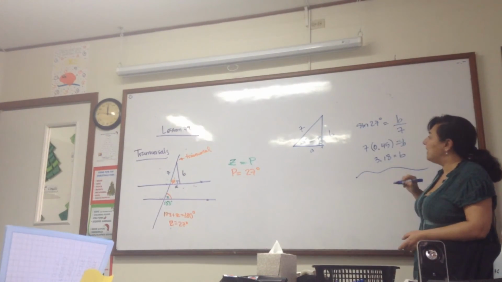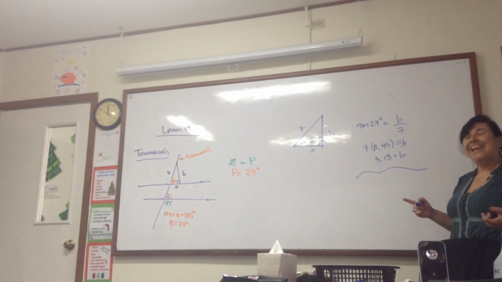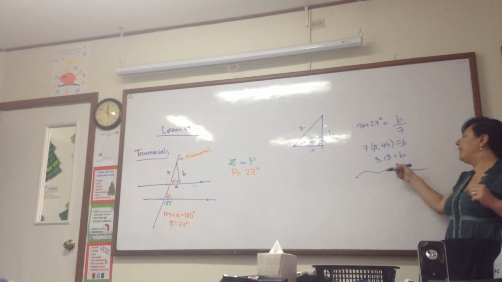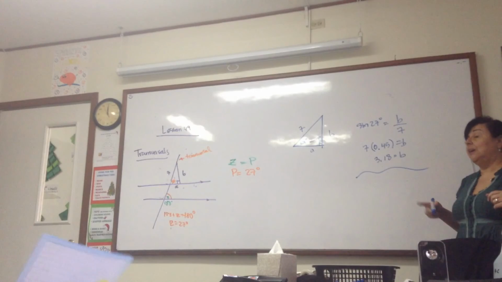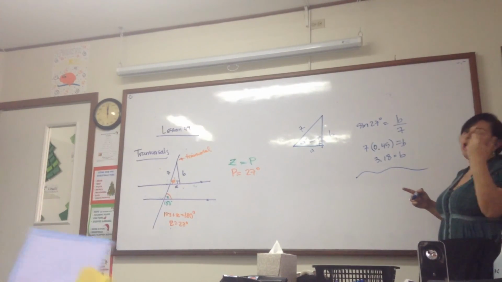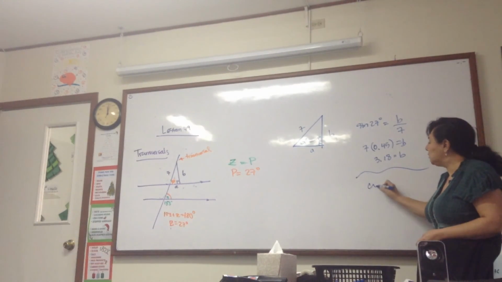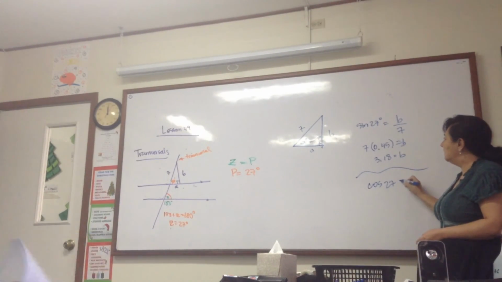Now, what about A? We can do Pythagoras, but what if we get this one wrong? We do the same thing, cosine. So cosine of 27 equals A over 7.